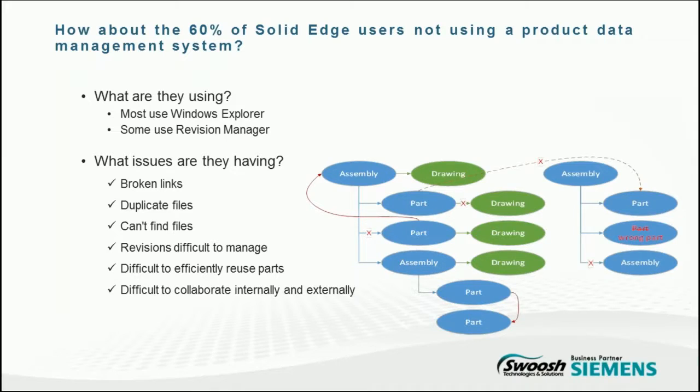So out of those 60% that don't use PDM today, I would say typically they're using Microsoft Windows Explorer. They might set up project directories or product directories, have release folders and so forth. Some use Revision Manager to automate that a little bit.